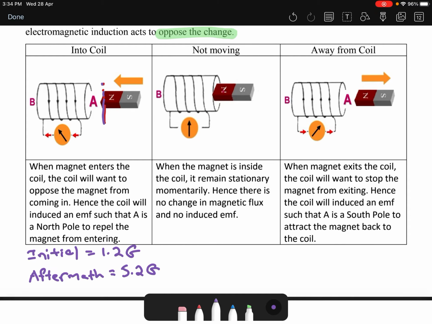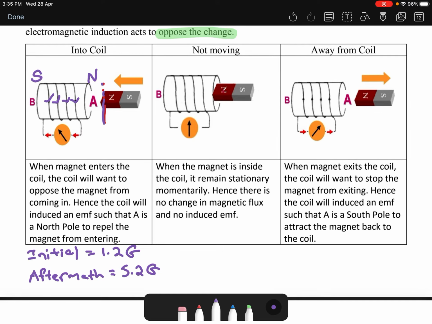So what will the coil do? The coil does not like changes, so it will tend to oppose the change. In order to oppose the change, it must first induce an EMF in this particular direction. If you use your right hand grip rule, this will be the north pole and this will be the south pole.